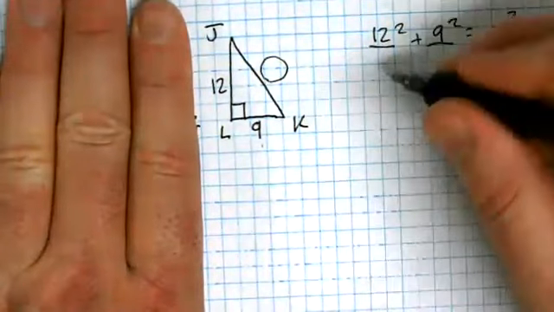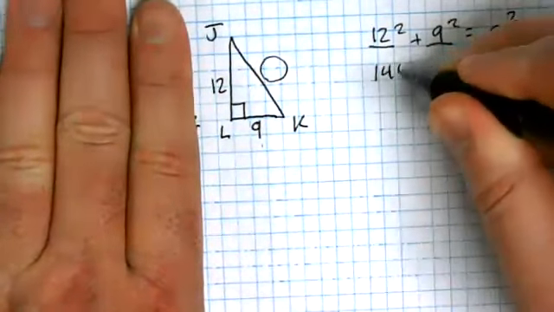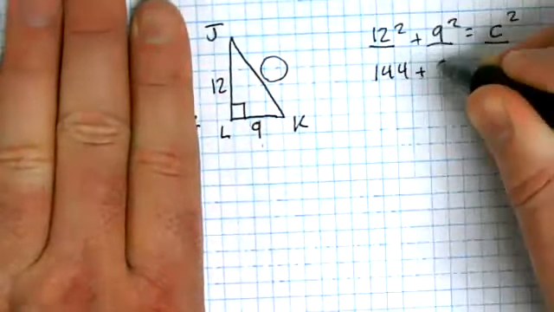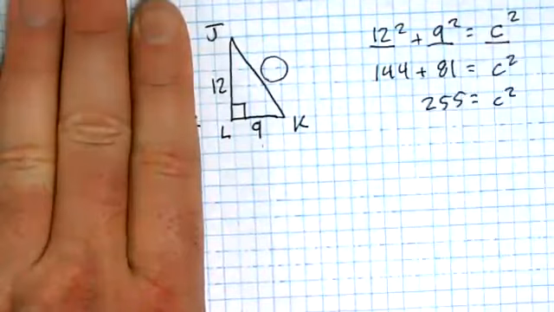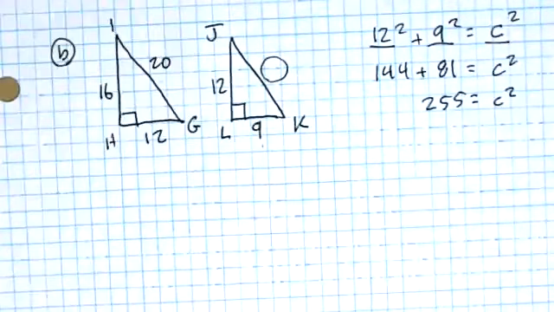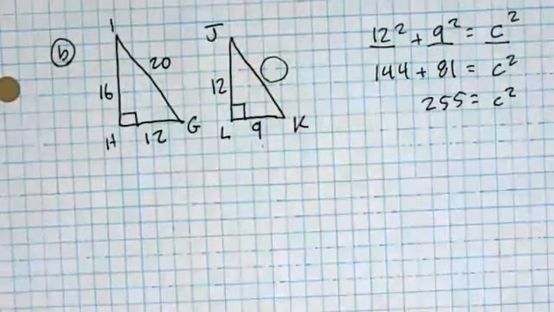12 squared is 144. 9 squared is 81. And 144 plus 81 is 225. And how do we get the square off of the C? Square root on both sides.